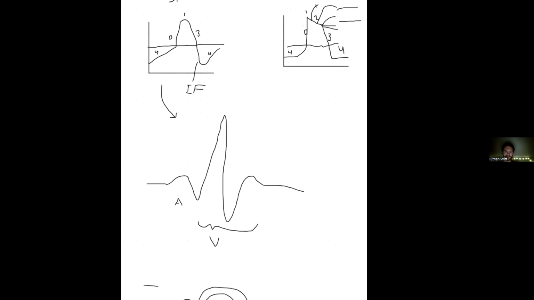If we break it down, we will see that there are several different parts, components of this electrical representation of what's going on in the heart. And we call this the PQRS and T waves.